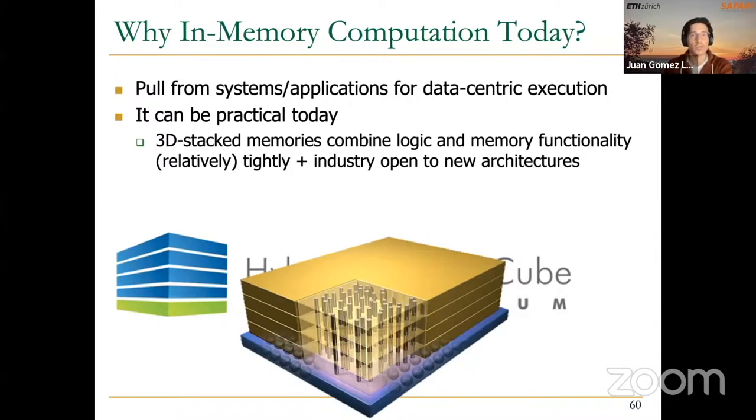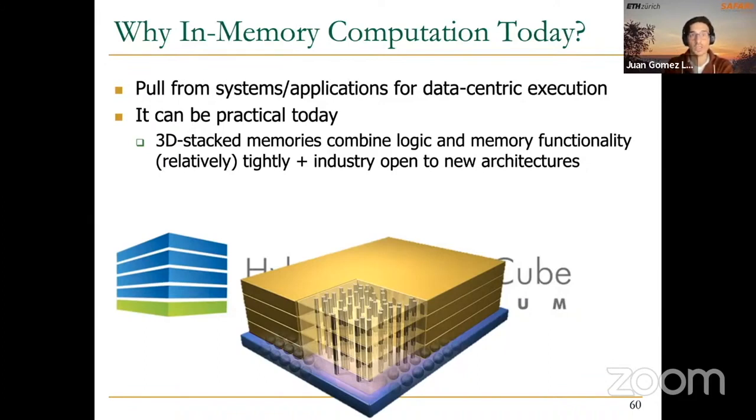One example is 3D stacked memories. I already talked before about one type of 3D stacked memory, HBM2, that Samsung is using to build their processing-in-memory system. Here you have a picture of another 3D stacked memory from another vendor.